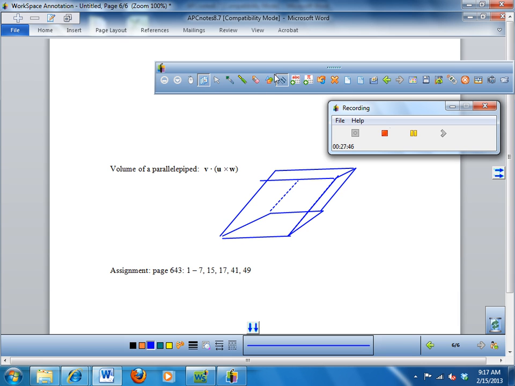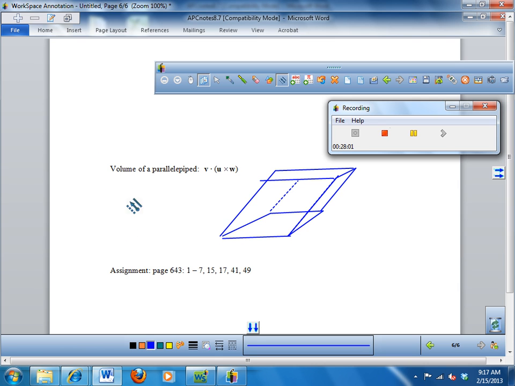I am, okay, so let's go to, I have a gallery of shapes. But anyway, a parallelepiped is a pushed over prism.